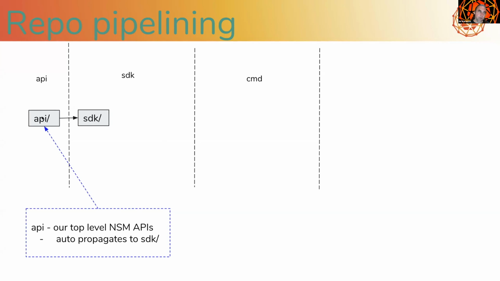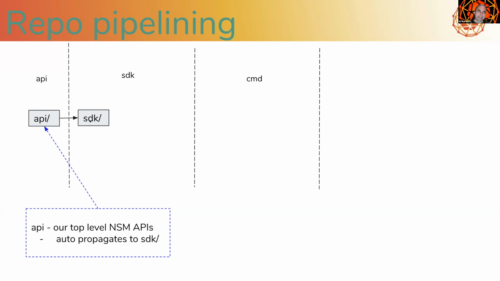The first simplest one we did was just the network service mesh API repo. It's a place to put all the APIs. It's basically some protobuf definitions and little bits of top-level NSM API. But the problem, of course, when you go to something like multi-repo is how do you keep the pieces in sync? The very first problem we ended up solving was how do we auto-propagate down the chain of dependencies of the repo?